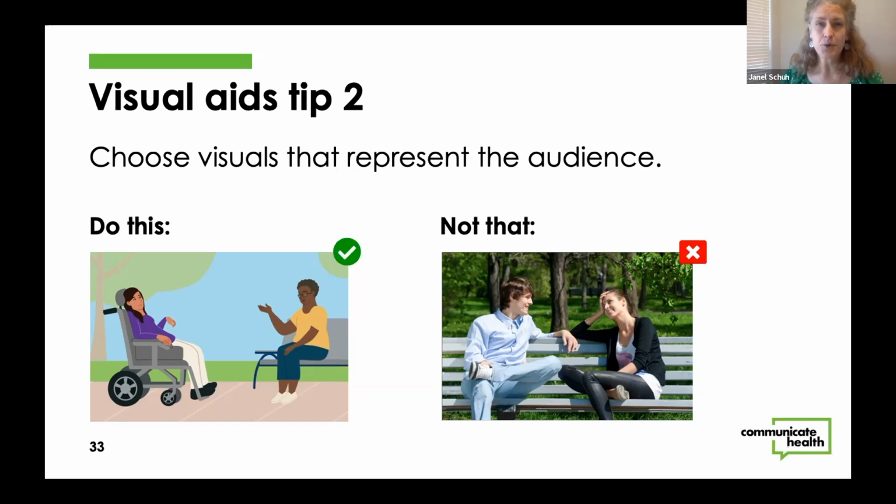But you need to think about what really is going to make the most sense for your particular audience. So the image on the right, that's a perfectly fine picture, but for this particular deliverable, it wouldn't have seemed as appropriate to make sure that people with, in this case, real challenges in terms of health literacy get the information they need.